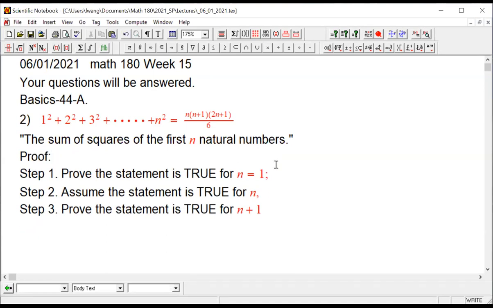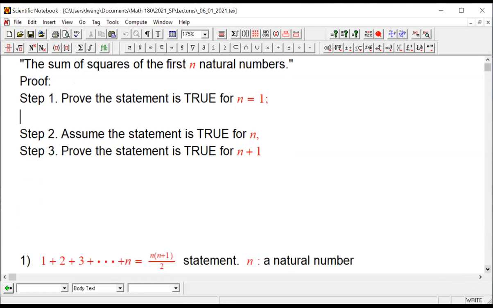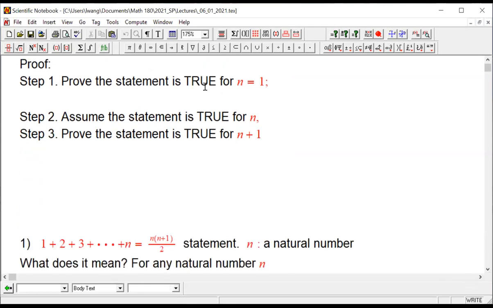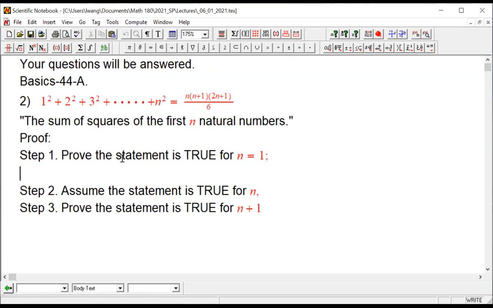Step 1, right? You can see that the mathematical induction method follows a certain structure, a certain narrative. First we prove the statement is true for n equals 1. Is it right for n equals 1? That's what we want to prove. Proof means that something asks you to prove, you don't know it's true yet.